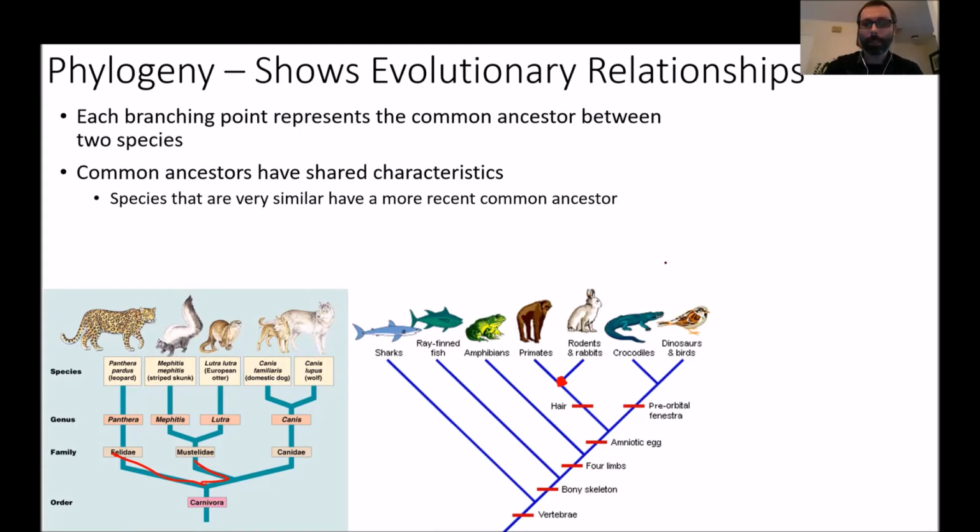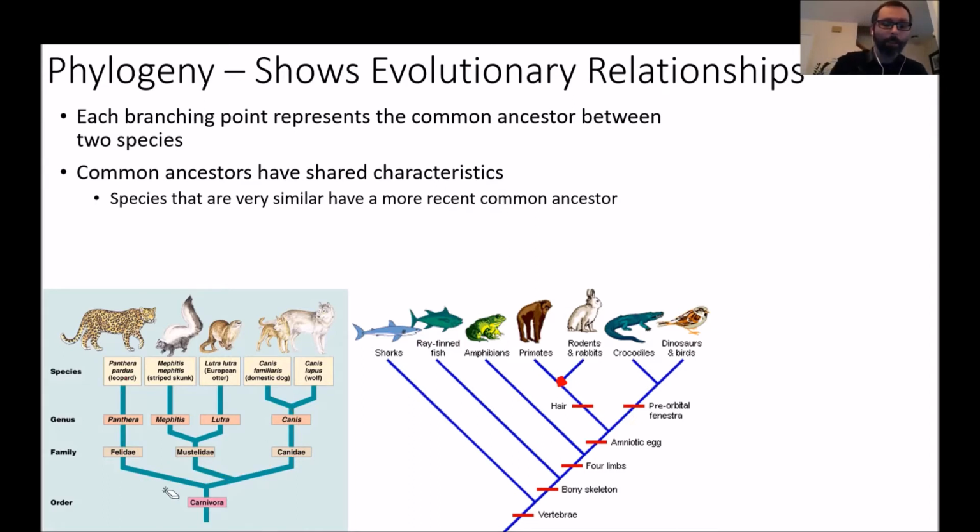Species that are more similar have a more recent ancestor. Back over to the carnivore one, the dog and the wolf split very recently, so they're super similar, to the point where you might even know that some dogs, maybe even all dogs, can reproduce with wolves because they're actually really similar. But dogs and cats are not that similar because their ancestor is much farther back than that of the two different types of dogs, right?